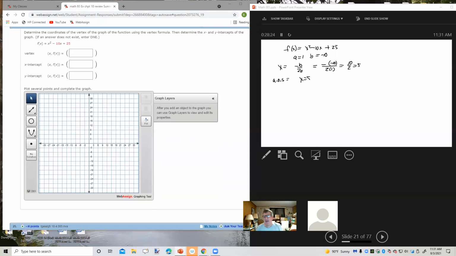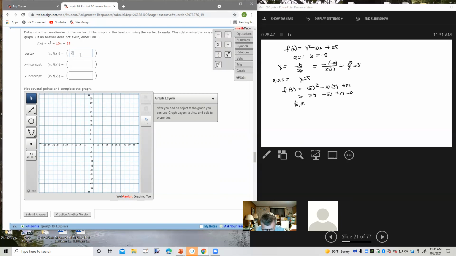They didn't ask for that, but I need to find the x value of the vertex, right? So then f of 5 is going to be 5 squared minus 10 times 5 plus 25, which is 25 minus 50 plus 25, which is 0. So the vertex is at 5, 0. All right.